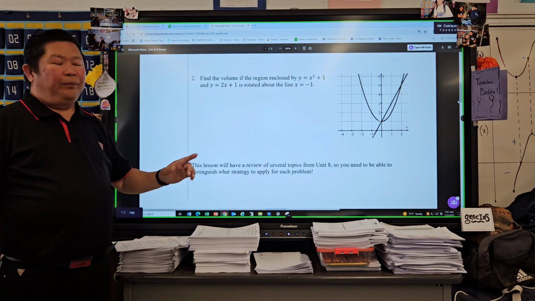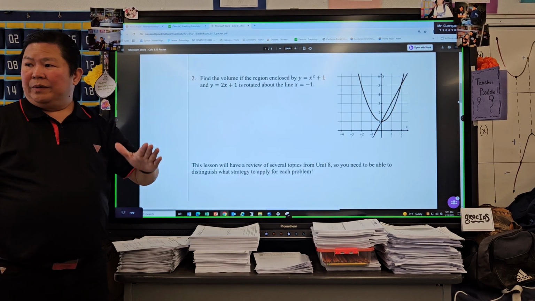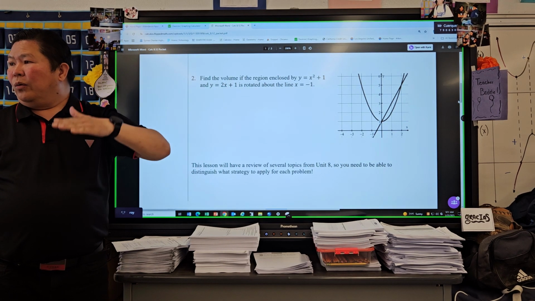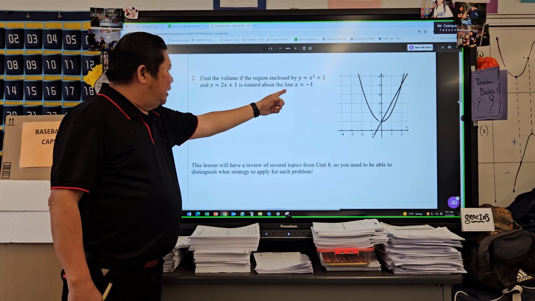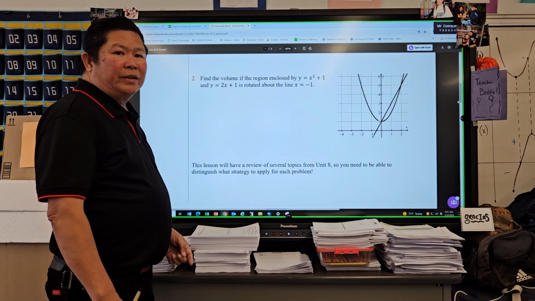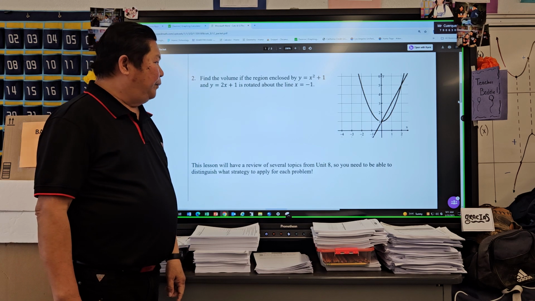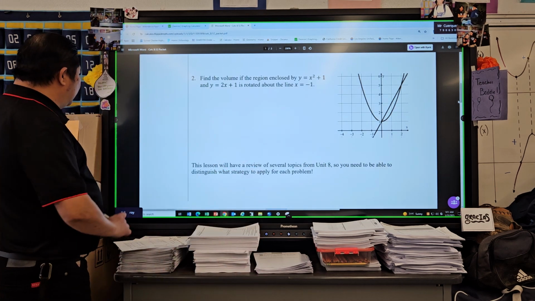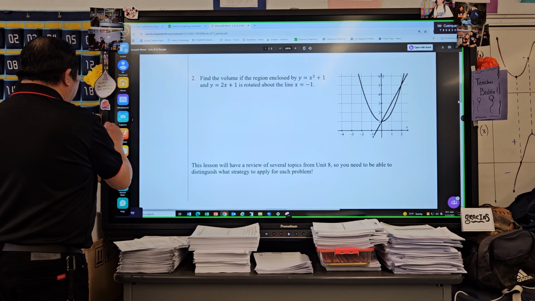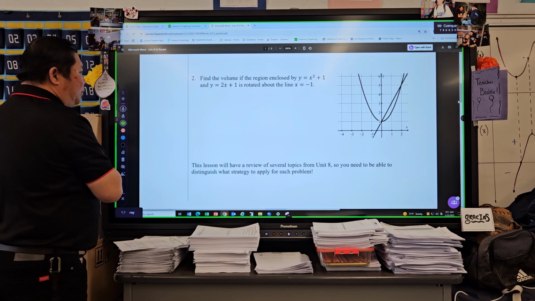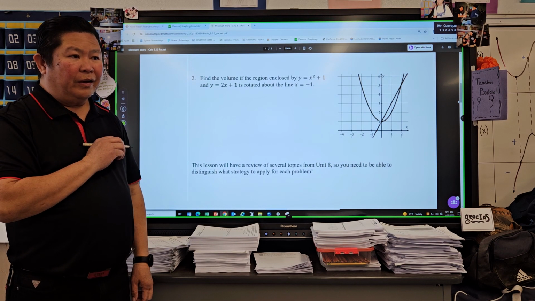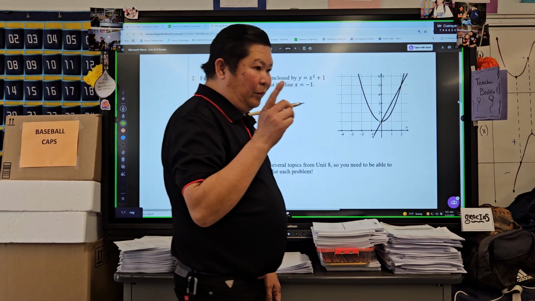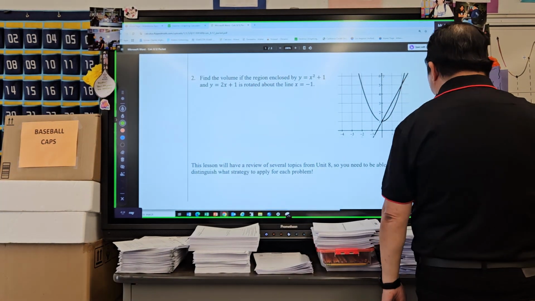So therefore, the y-intercept is going to be 1, right? And it is rotated about the line y equals negative 1. As I said, we're going to do color coding. What color do you want me to put for the line? Pink? Okay, we'll use green for this line.